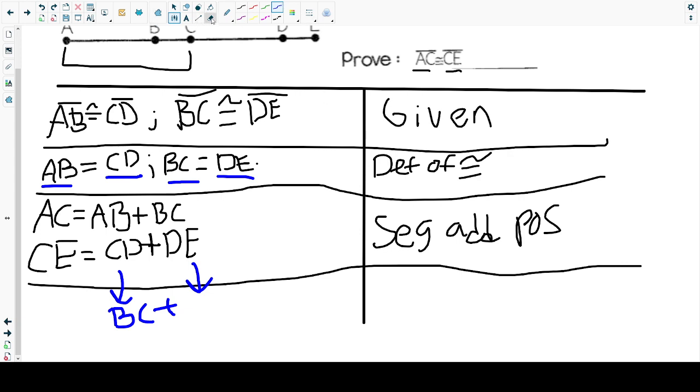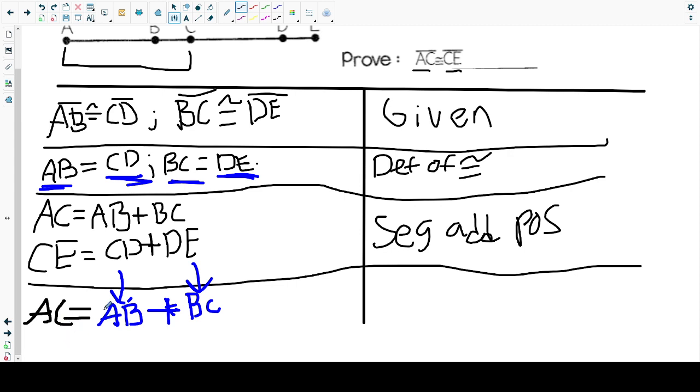I can replace CB with AB. Technically, the order doesn't really matter because it's all commutative anyway, but I'll try to keep it nice and consistent. So CD can be replaced with AB because those two things are equal. DE can be replaced with BC because those two things are equal. That's still equal to AC.